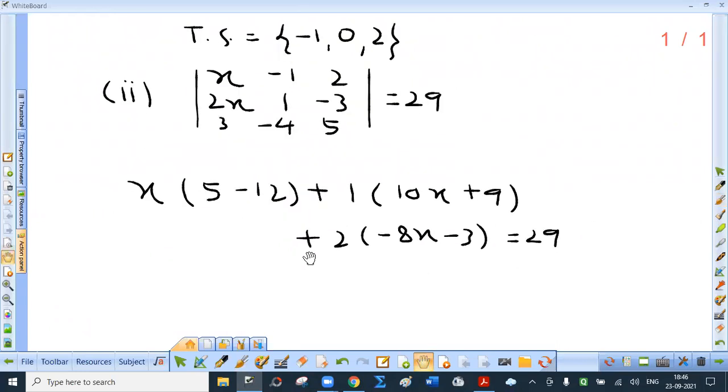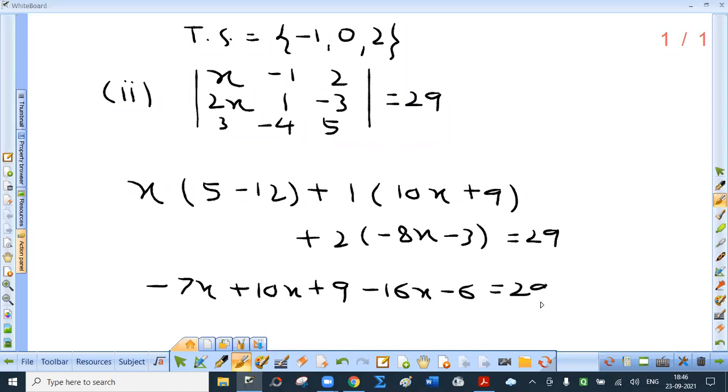Check this. So minus 7x plus 10x plus 9 minus 16x minus 6. It is better that we write all the steps. Therefore minus 13x, it is equal to 26. Let's check this. So x comes out to be minus 2.